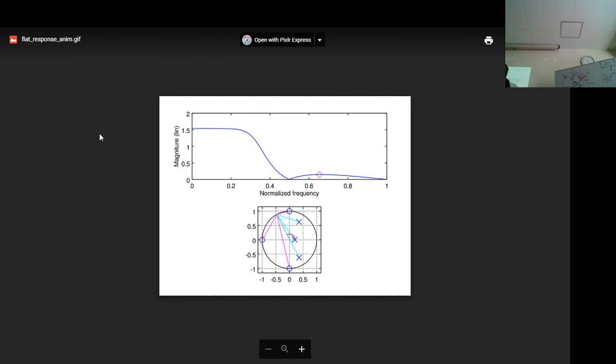So you push a little bit of gain here, but more gain closer to this edge of the filter, so you actually have a flat passband gain. Nice for audio filters.